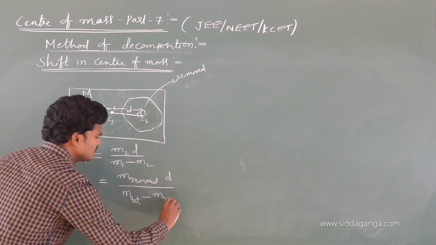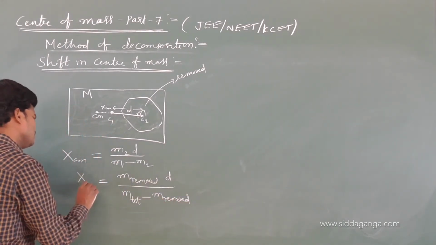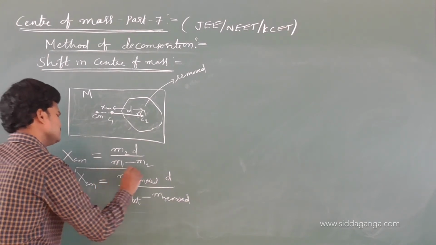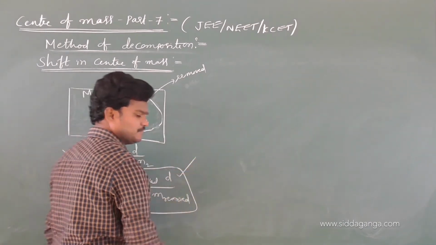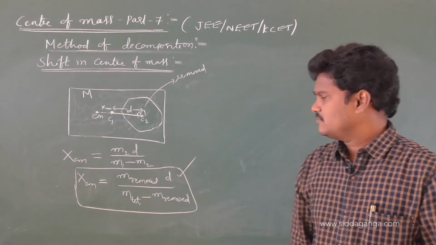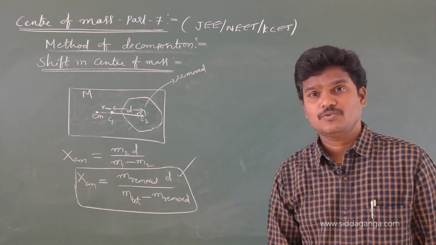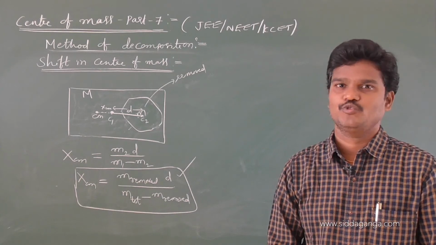M2 is the removed mass. So I am going to use this formula to solve some problems. So keep this formula in mind. Whenever some parts are cut in a given diagram, you can use this formula: mass removed into distance by total mass minus removed mass.